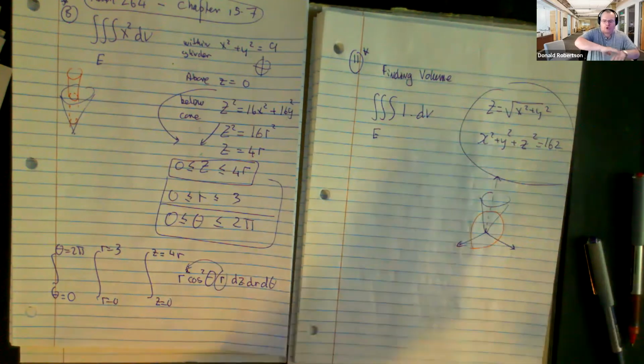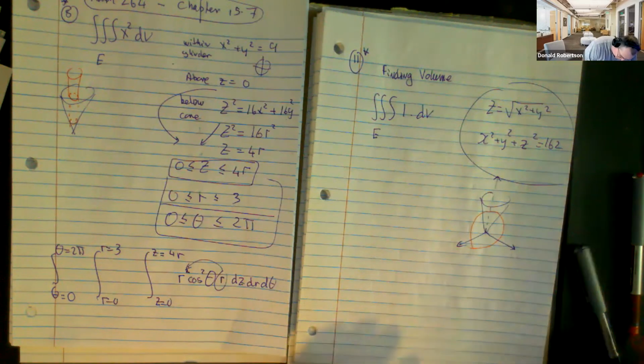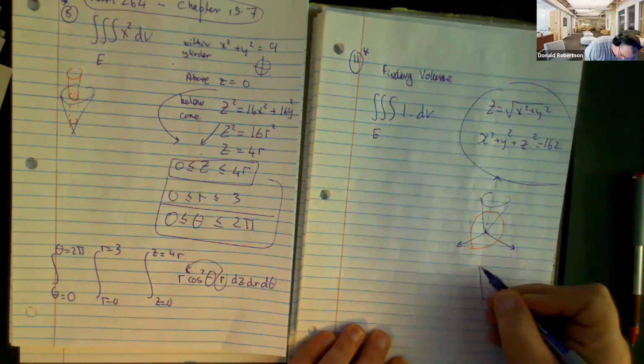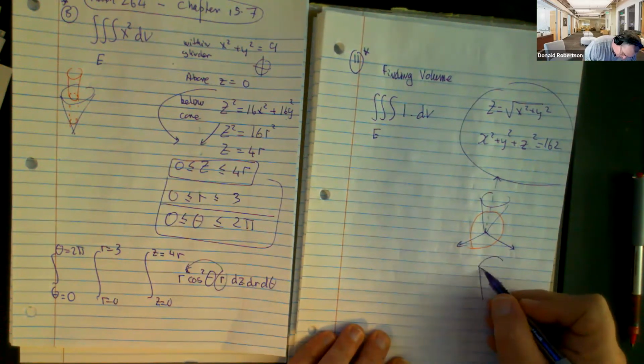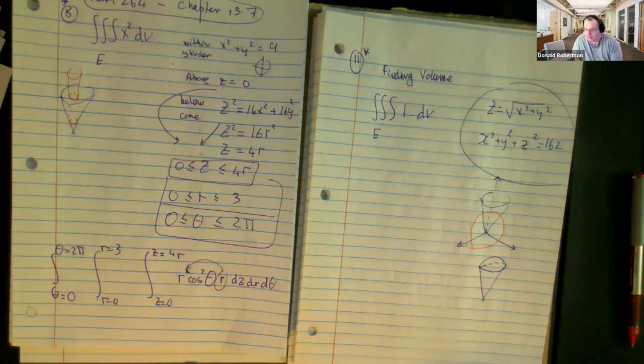Can you imagine a cone that's got a curved top to it? My best guesstimate of what this shape looks like would be something like that. It doesn't help to answer the question, I'm just trying to visualize it.